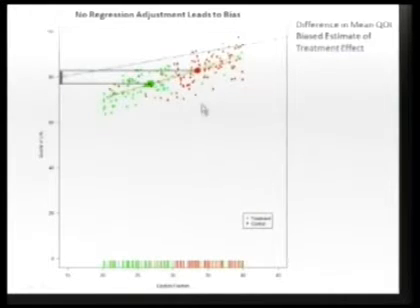Similarly, for the control group, which have these red dots here, I can average all the quality of life for people who got the control, and it's a bit bigger. So if I just do a naive, simple analysis, taking the sample average of each group, I get a biased estimate of treatment effect.